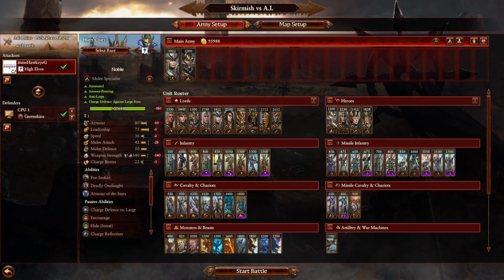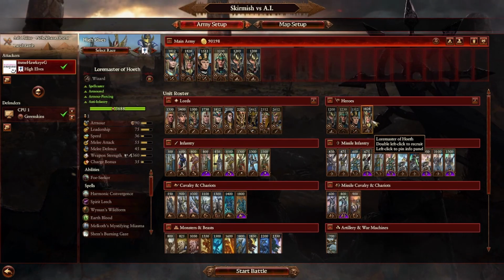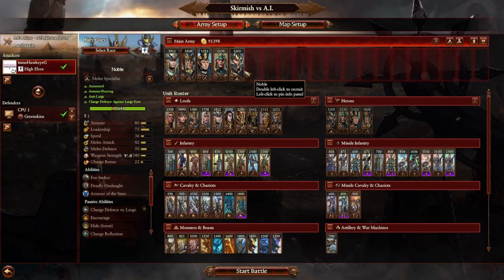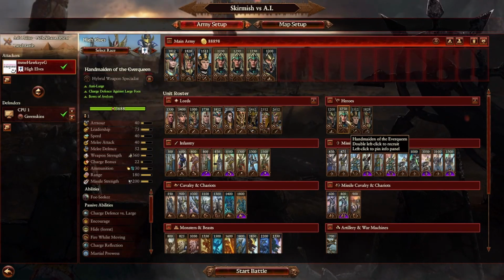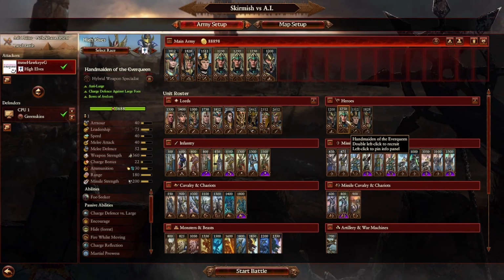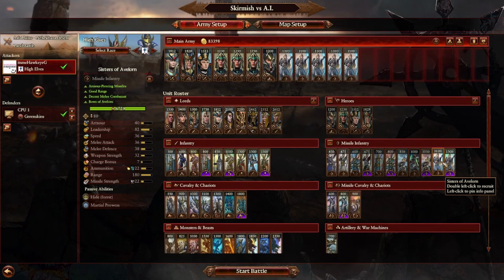Or there's even the High Elves, who have lots of different hero types, and they have those bonus traits associated with them. There you might be bringing extra support heroes to stack together for the bonuses that they give, and being able to use those heroes in battle for specific purposes as well.